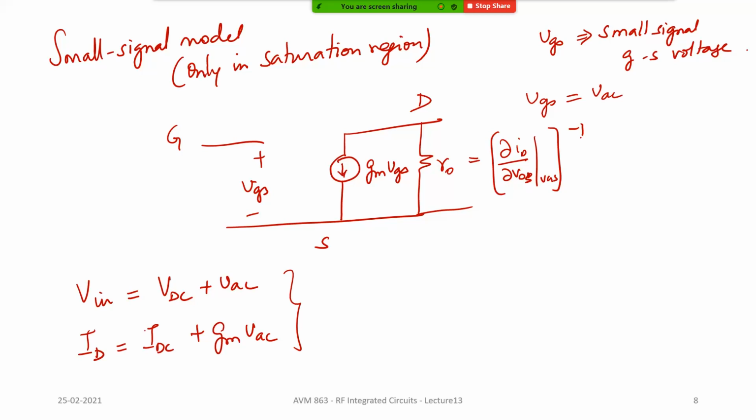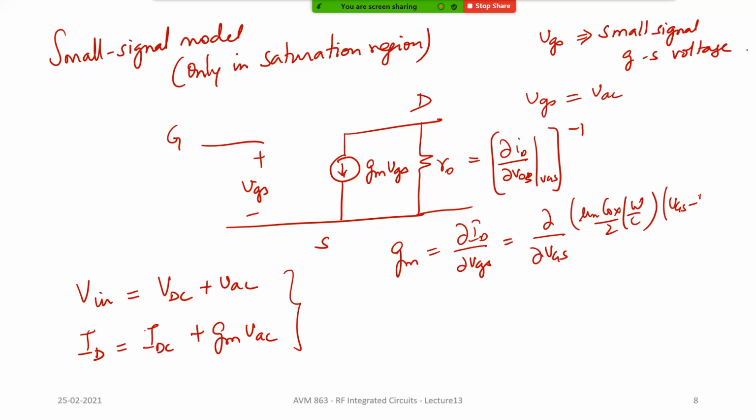All of you should have learned these things; I'm just refreshing your memory. This is your small signal model, and GM, as I mentioned, is dou ID by dou VGS, that is, dou by dou VGS of mu n Cox by 2 W over L times VGS minus VTH, the whole square. I will write three expressions, and I want you to derive them.